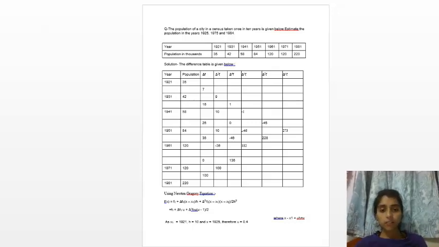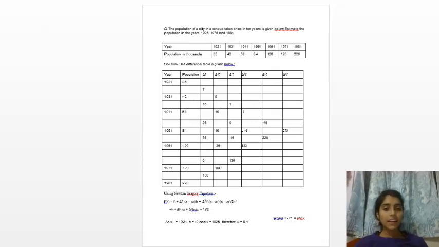The first value will be calculated as 16 minus 7, that is 9. Next is 26 minus 16, that is 10 and so on. Similarly, del cube f will be calculated by taking the difference of consecutive values of del square f. That is 10 minus 9 is 1, 10 minus 10 is 0 and so on.